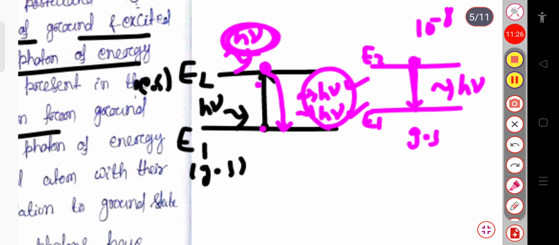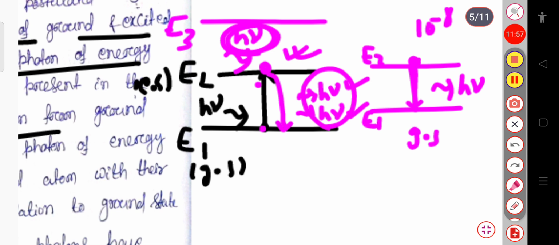But the atom present in the excited state, by absorbing the energy h nu, will not go to a higher excited state, suppose E3. Why does it not get excited again to E3, and rather falls back to the ground state? This is just because this amount of energy h nu is not sufficient to reach the energy level E3.